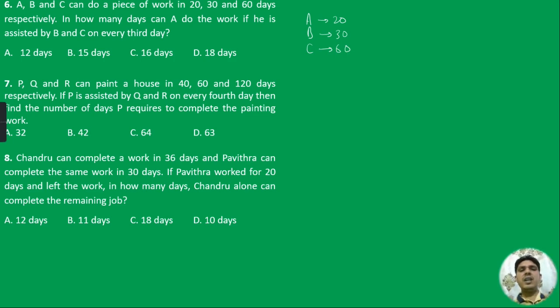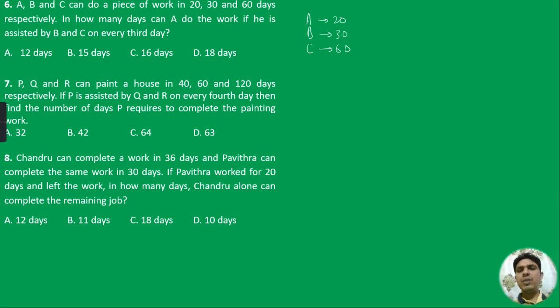In how many days can A do the work if he is assisted by B and C on every third day? Right? What does it mean? It means that for the first 2 days A is doing the work, and on the third day A, B and C all are doing the work.